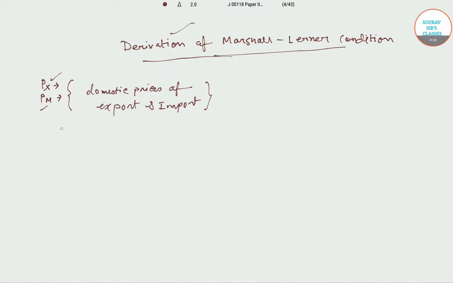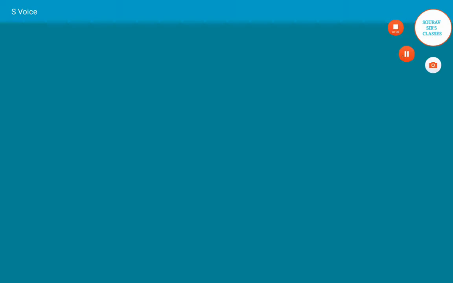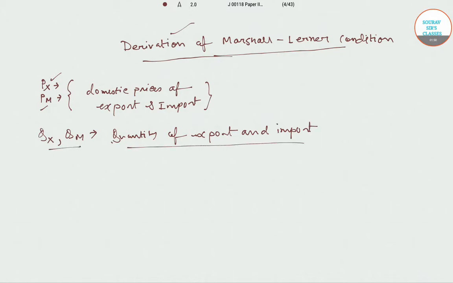Now, QX and QM are the quantity of exports and imports respectively.